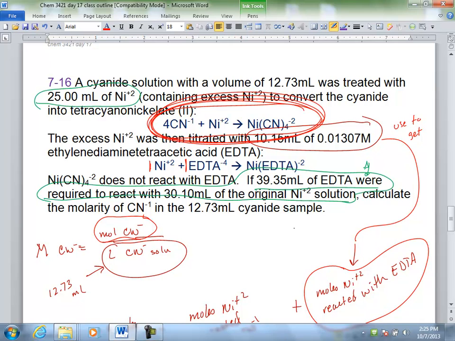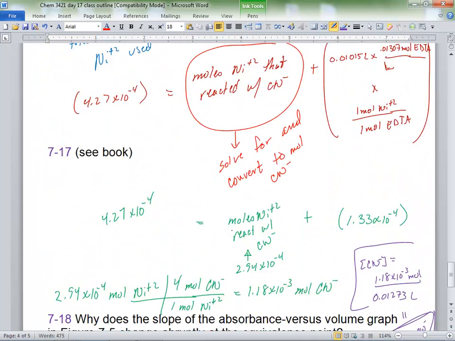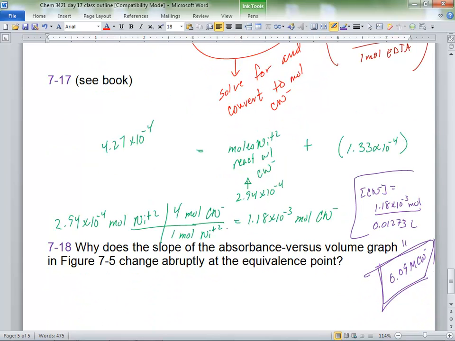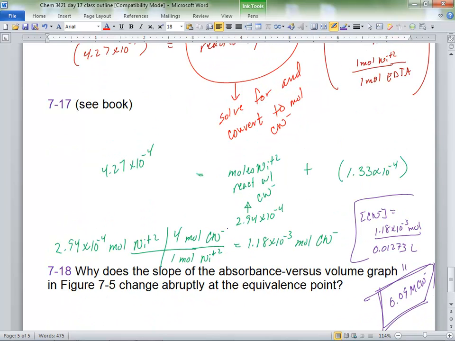And that's about it, right? Oh, 7-17. Yeah, but 7-18 is not, it's a conceptual. So 7-17. One of those will be on the quiz.